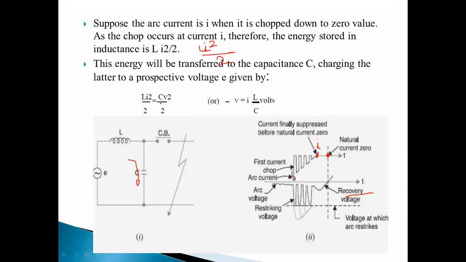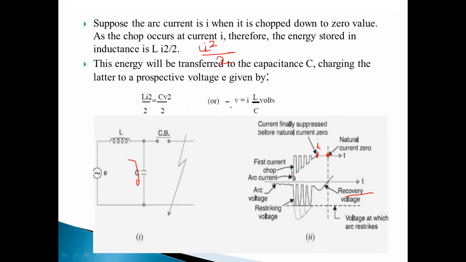In terms of the capacitor we can write this as C V square divided by 2, or V is equal to I into square root of L divided by C. So remember these two equations also.